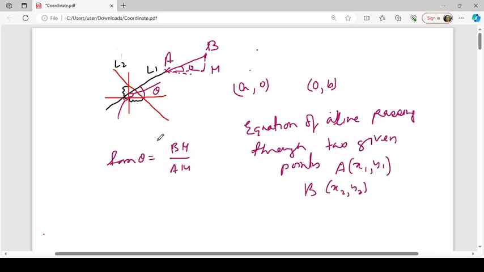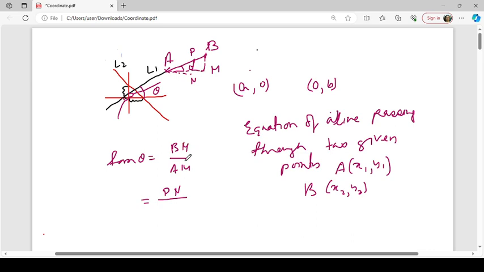Again, suppose P is a variable point here. Variable point means its coordinate is x, y. In a similar way, if N is the foot of the perpendicular from P, then tan theta is again PN by AN.